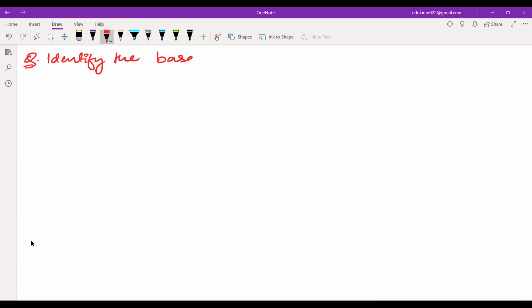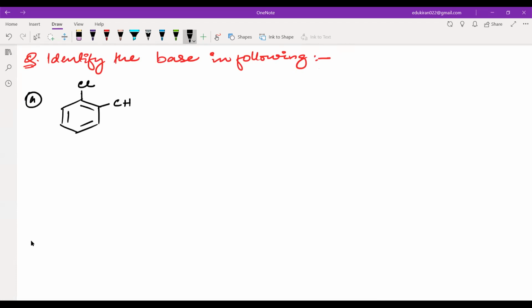Identify the base in the following, okay? So I am doing one for you. Let's say we have chlorine here and we have CH3 here.